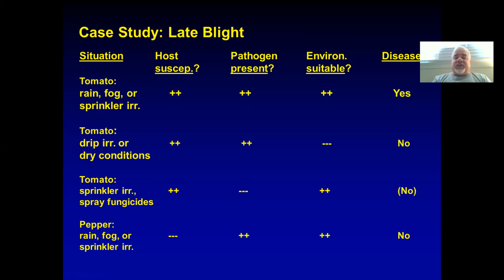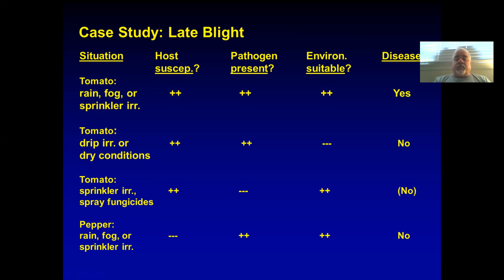Now, you haven't removed all risk because late blight is one of thousands of different pathogens. And as soon as I plant peppers, there might be some other pathogen of peppers that's in the area. So you have to think it through. What are the crops that are most likely to do well in a given area and have the least number of concerns of pathogens? Or if there are concerns of pathogens, there's some strategy to prevent the disease, either by controlling the environment or by controlling the pathogen through sanitation, through pesticides, through other means.